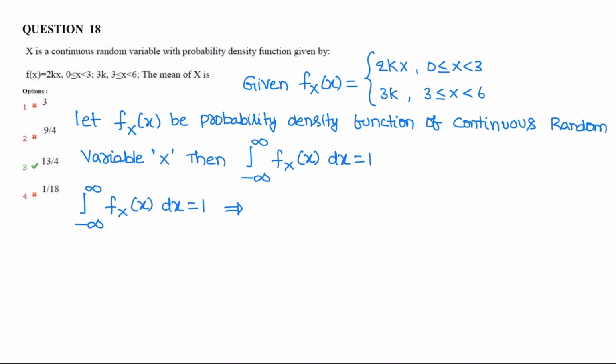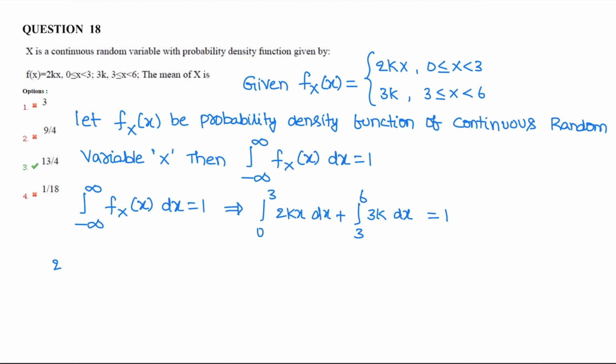So that is integral 0 to 3 of 2kx dx plus integral 3 to 6 of 3k dx, it is equal to 1.